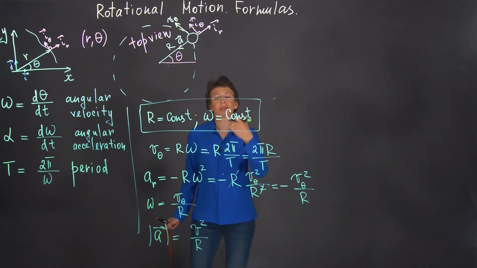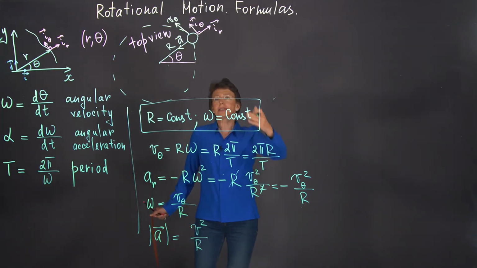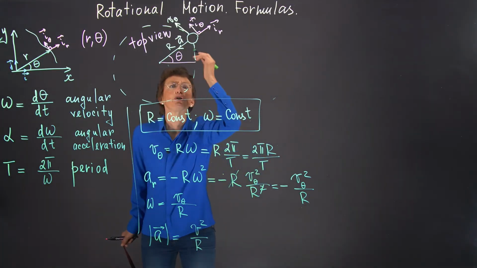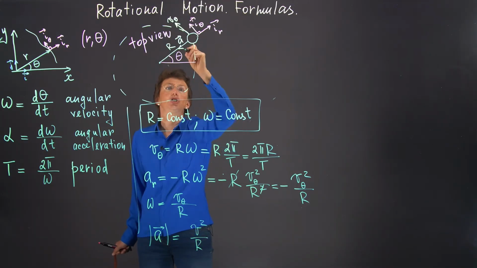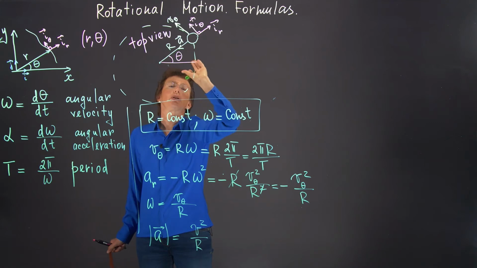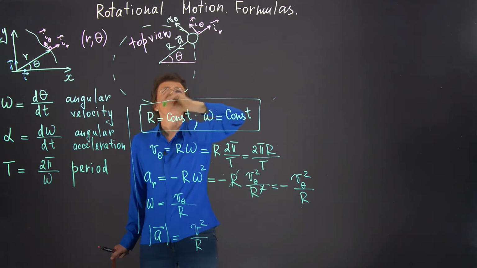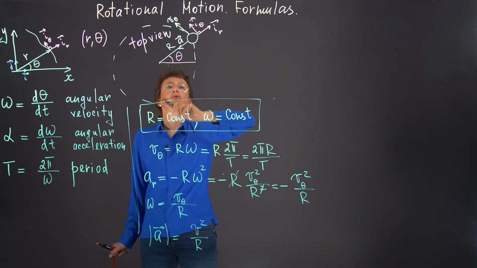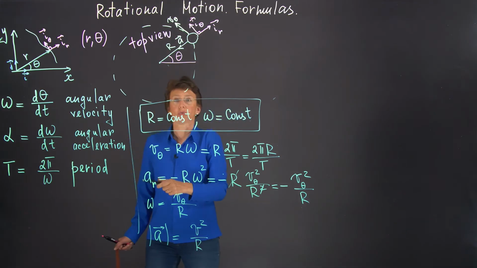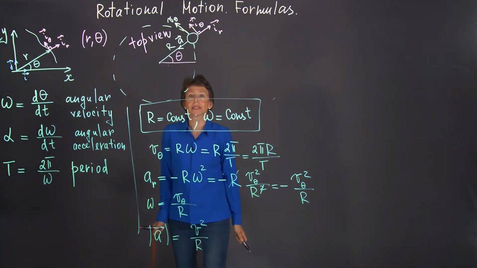We need velocity and acceleration in polar coordinates that describes all these cases. So for example, instead of having r constant, I can have r changing. Imagine that this is merry-go-round and I'm standing here and this merry-go-round rotates and I start walking towards the center, which means that r is changing. What will be my velocity and acceleration? I need to figure it out.